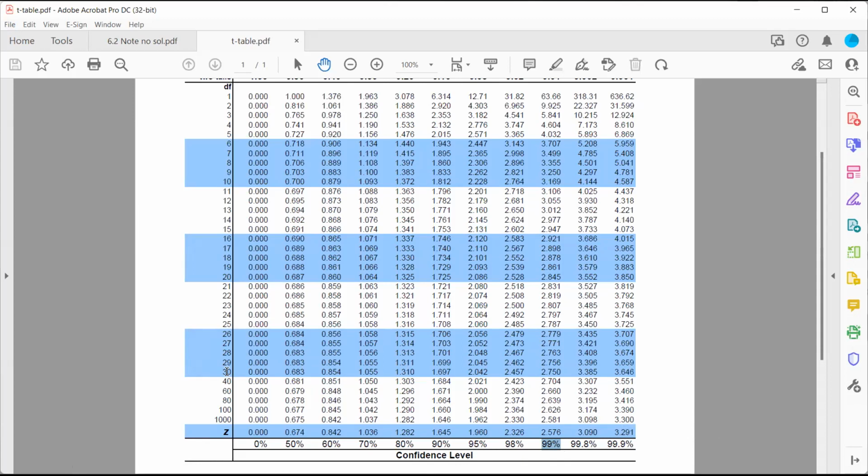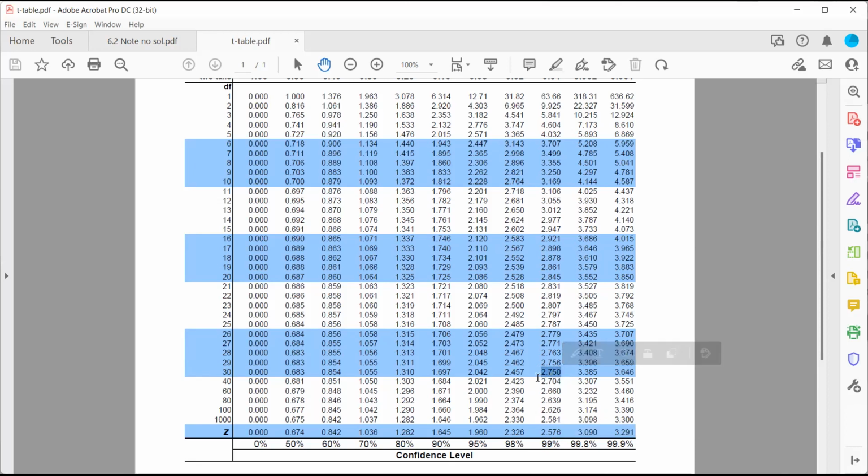What are you going to do? You're going to find, for example, a number in between 30 and 40. If it's closer to 40, you're going to use 40. If it's closer to 30, use 30 as your degrees of freedom. So when you're using your T-table, as you can see, 99%. If you're using 30, you're going to have 2.75.